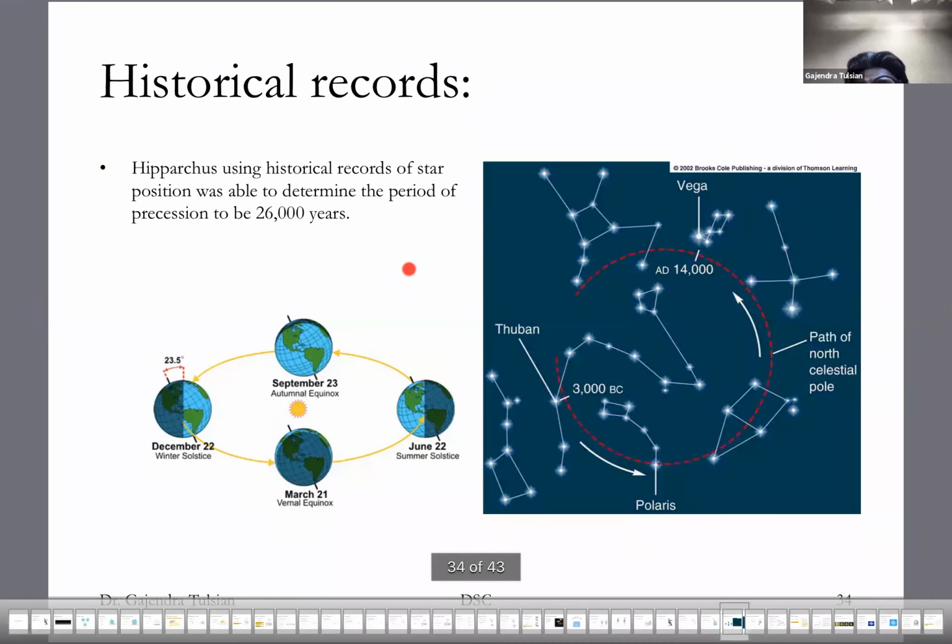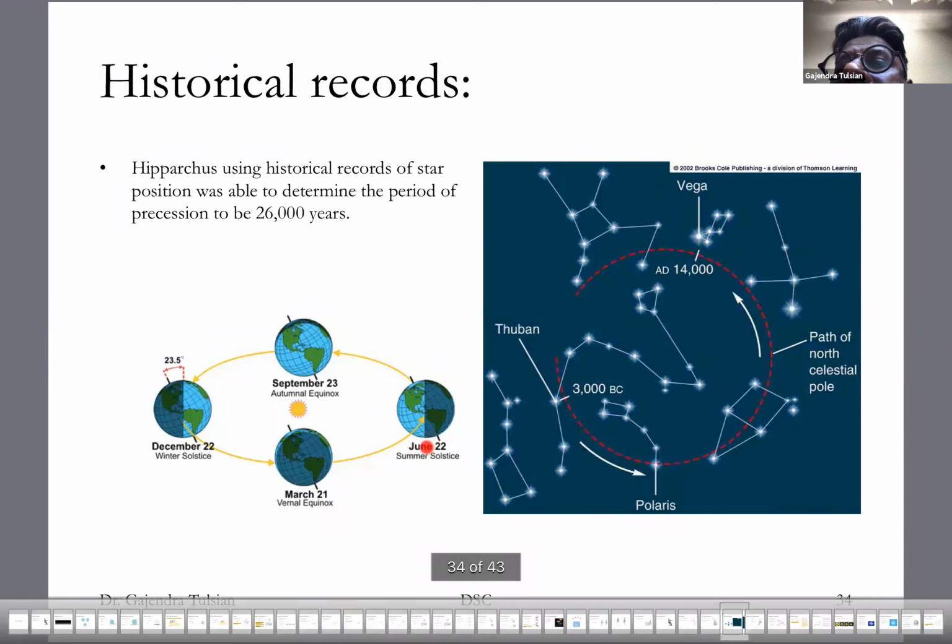So what does this mean? Here's a simple example. The Earth goes around the sun, and because of the tilt of the axis, we have the seasons. The northern hemisphere is tilted towards the sun, getting more sunlight, and it's summer for the northern hemisphere. The southern hemisphere has winter right now in June.